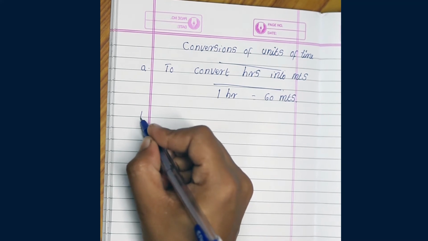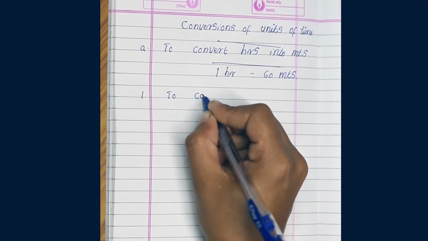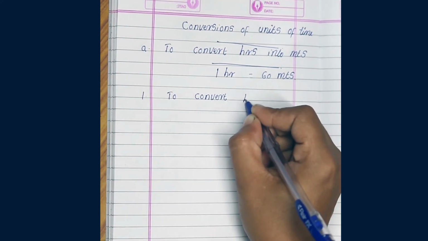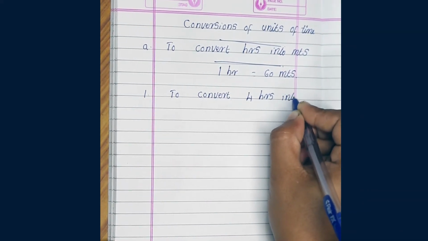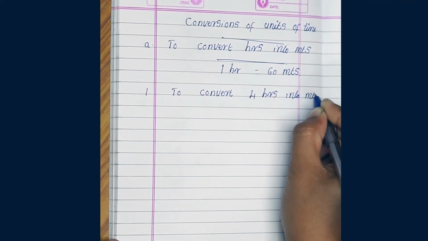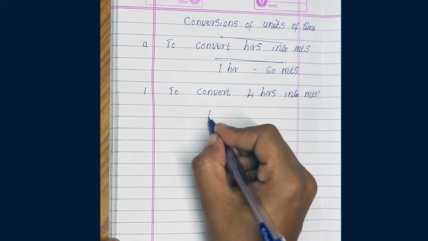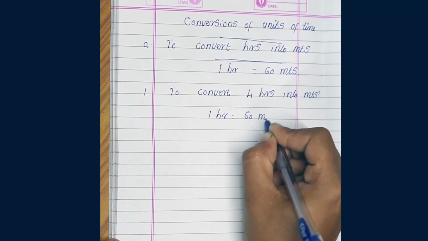Then our first example, to convert 4 hours into minutes. We know that 1 hour equals 60 minutes.